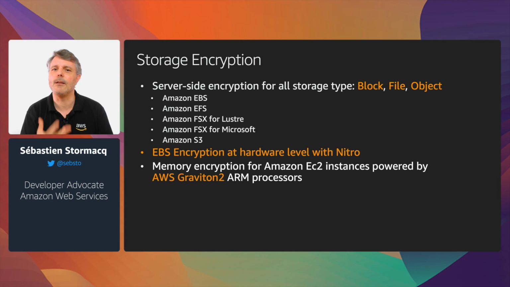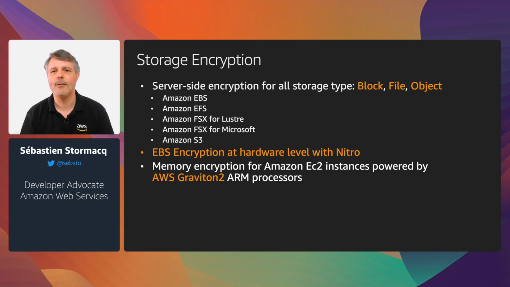So the EBS service never sees your clear text data. The encryption happens on the same hardware as your Amazon EC2 instance is running. And once again, this happens outside of your Amazon EC2 box on the physical hardware, so there is no noticeable CPU performance, no impact on your operating system performance to enable EBS encryption.